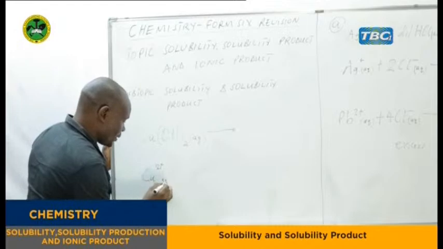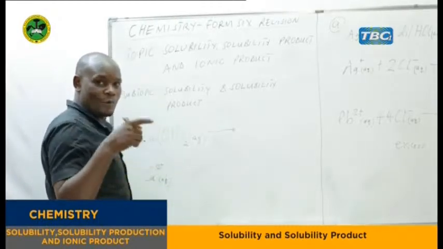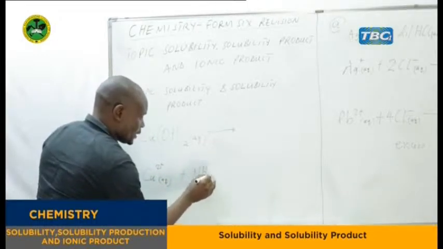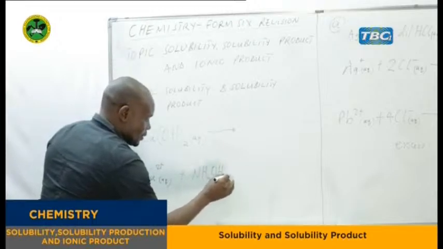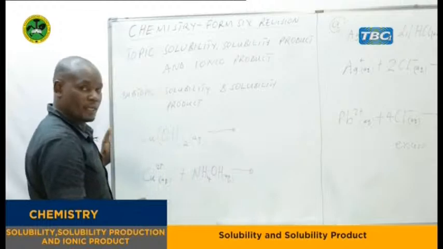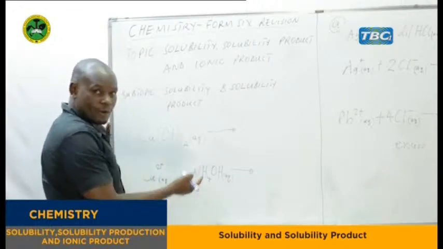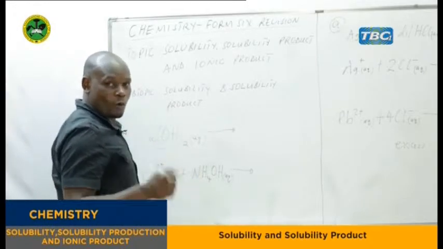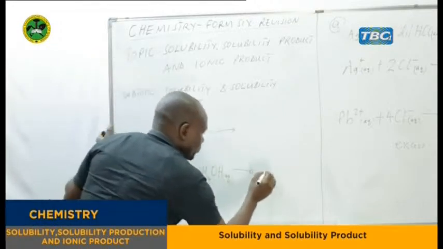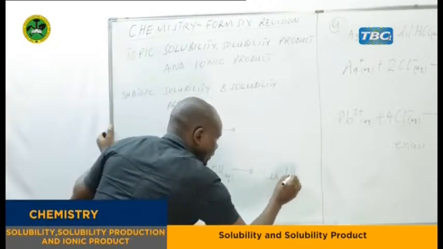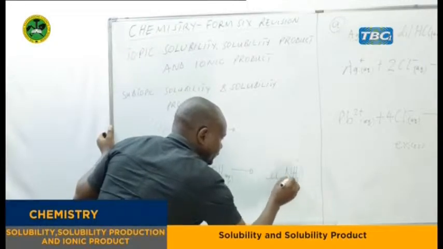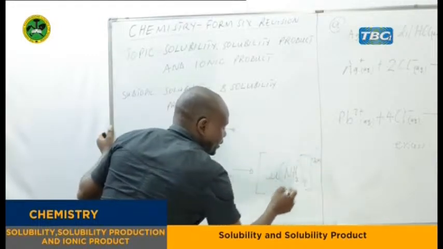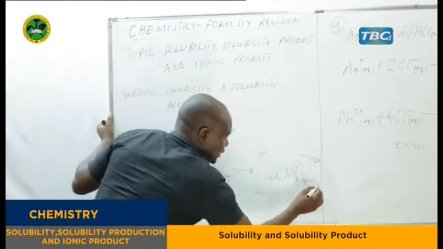Now we have copper(II) ions from copper hydroxide, which is aqueous. So in concentrated ammonia solution, the ammonia, which is our ligand, will combine with the copper(II) ions, leading to formation of a complex compound, the tetraamminecopper(II) ion, as an aqueous.